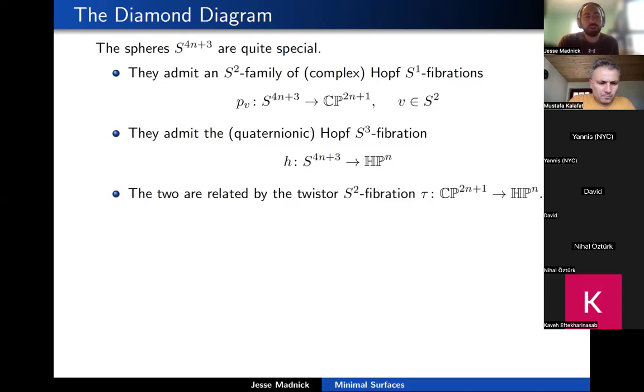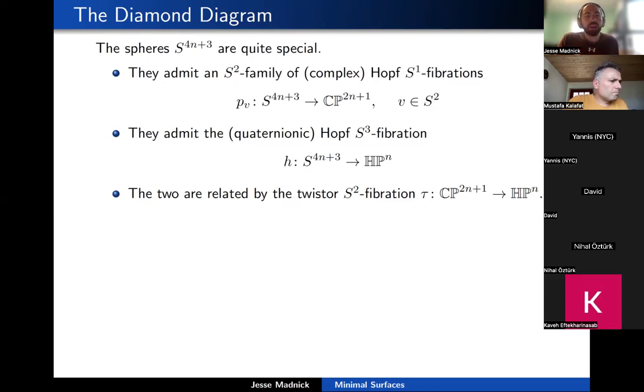So first of all, from the point of view of homogeneous spaces, they're homogeneous spaces in several different ways. There are many different compact Lie groups which act transitively upon them, right? The special orthogonal, special unitary, symplectic groups, etc. There's quite a few, which is very different from the other spheres.